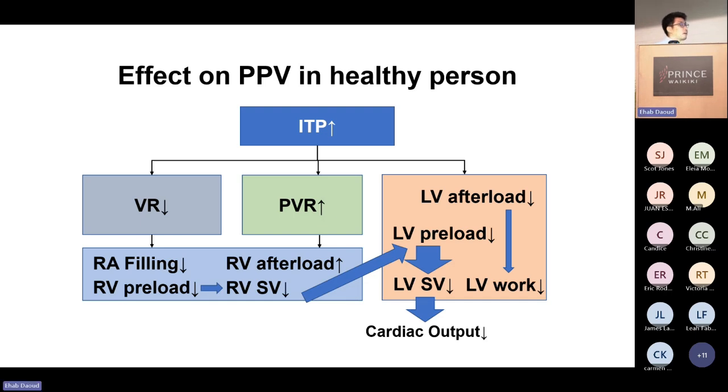On the other hand, if somebody has LV systolic dysfunction, what happens is intrathoracic pressure goes up, venous return goes down, PVR goes up. This is the same as with the healthy heart, and then right ventricular stroke volume goes down.